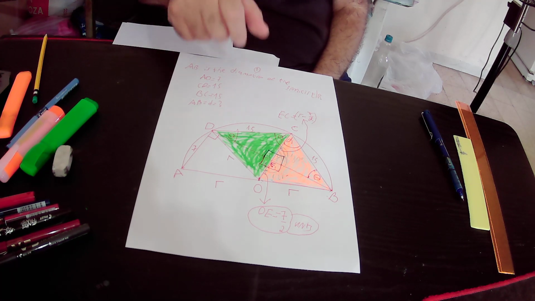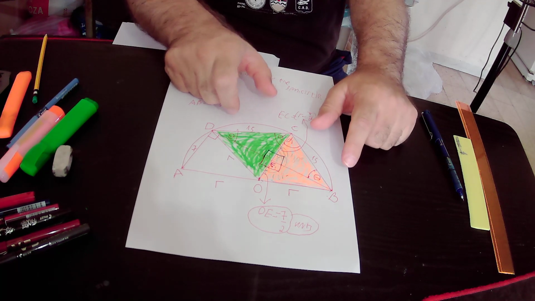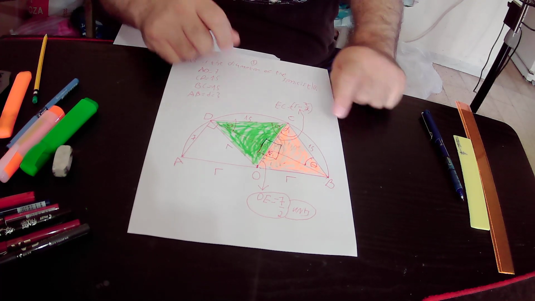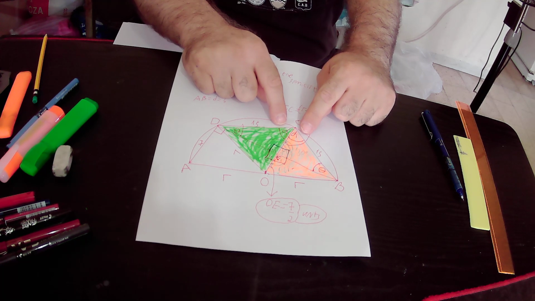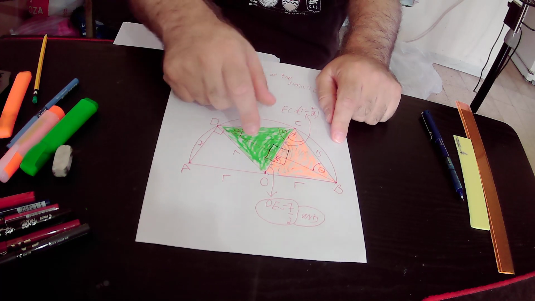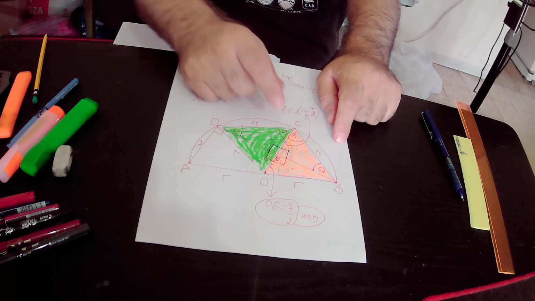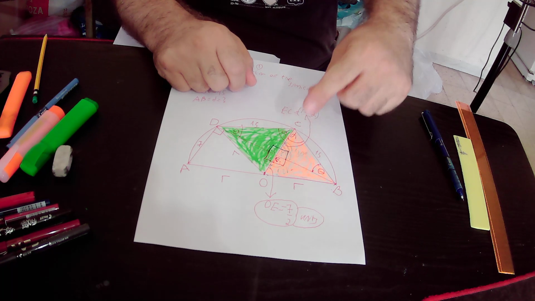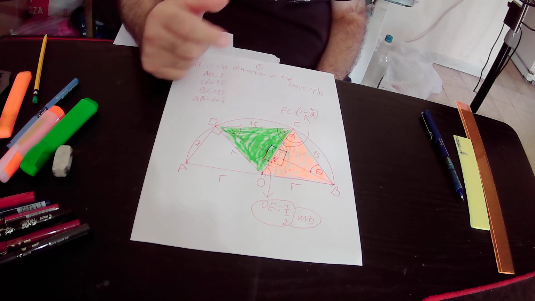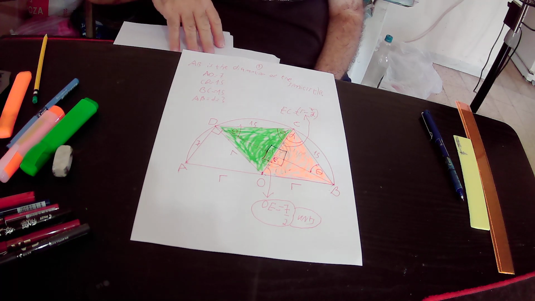It is given in the question that those two sides are equal to each other, and we also know that those two angles are equal to each other. They both equal alpha, and EC is a common side. It belongs to both triangles, so EC equals EC.